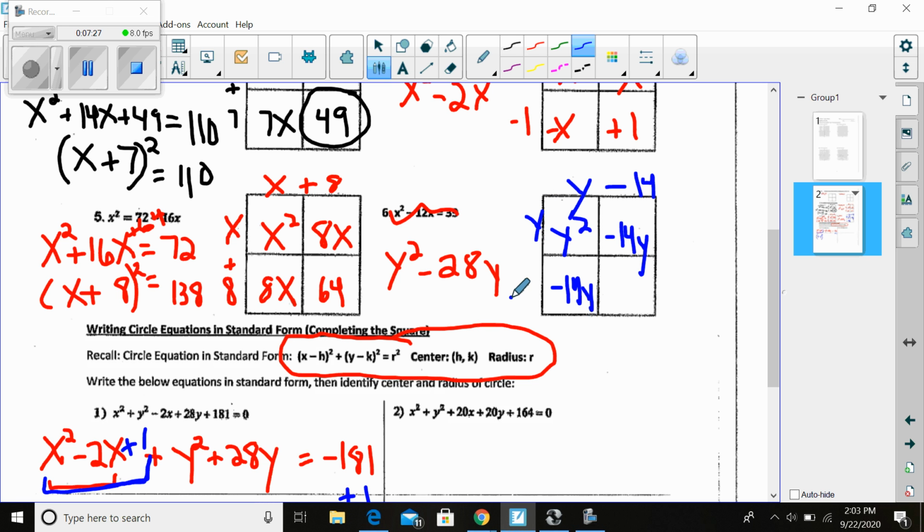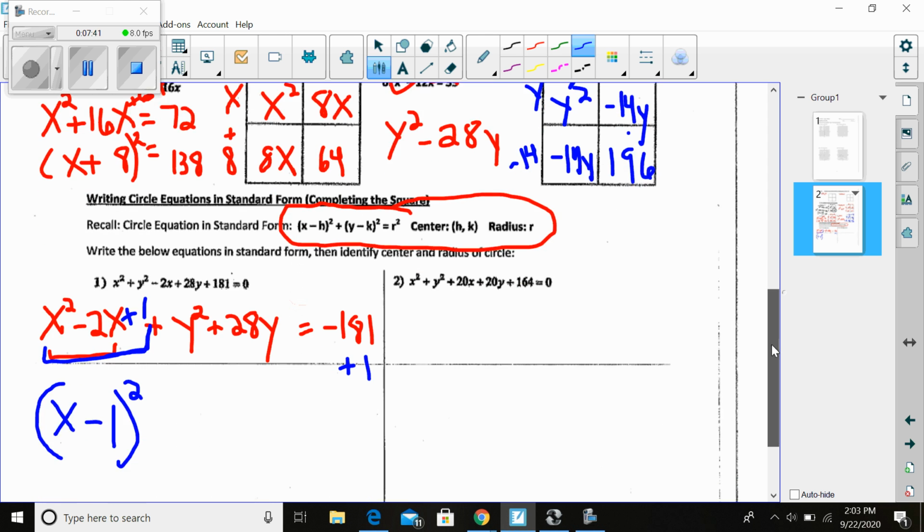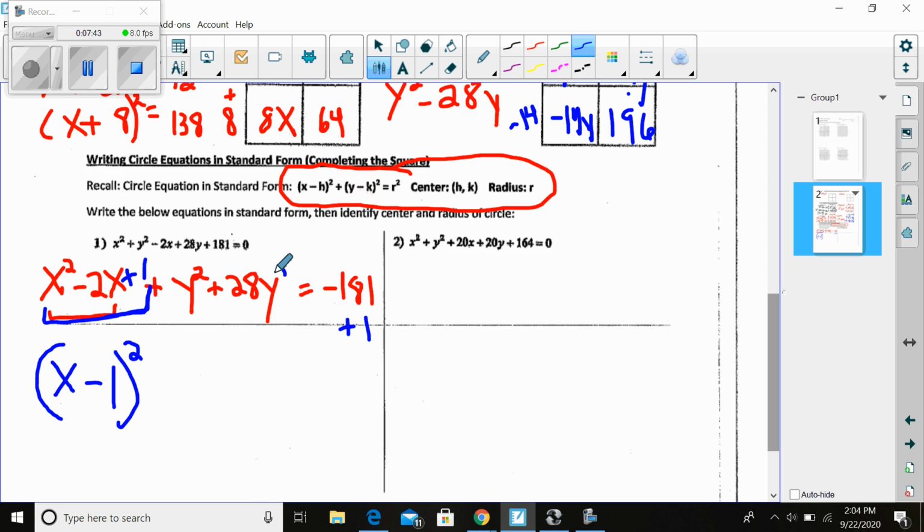Then I have to do 14 times 14 to fill in this portion. So 14 times 14 is 196. Again, I have to add 196. Better do it to both sides.